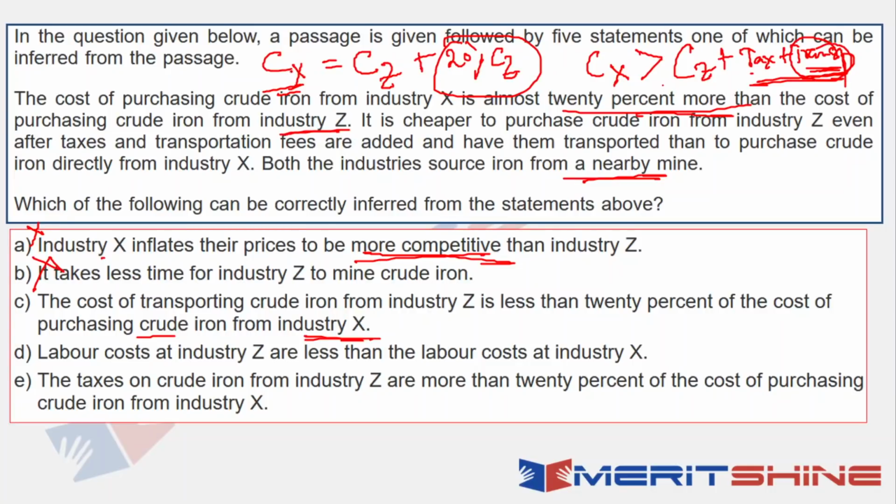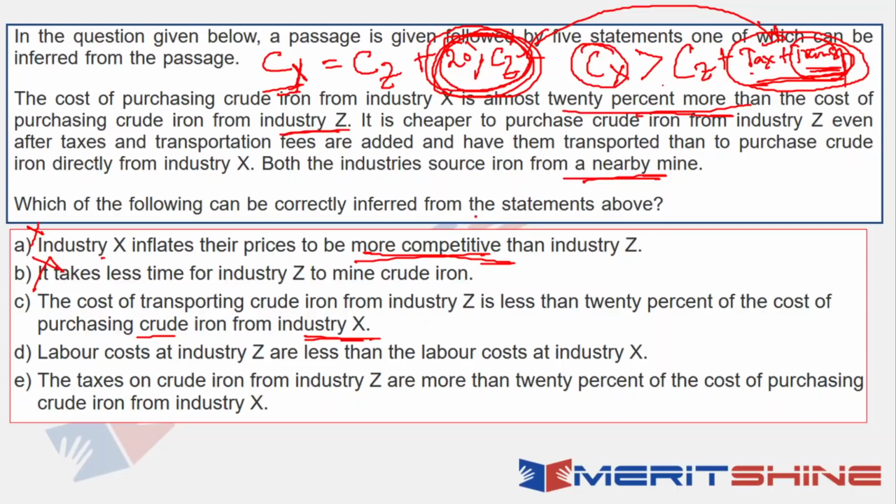You see, we know that cost of iron from X is equal to cost of iron from Z plus 20%. Here we are seeing almost equal to. Here we are seeing that after addition of tax and transportation also, the cost of iron from X is more. That means definitely this part, tax and transportation, is less than this part. Tax and transportation is definitely less than this part.